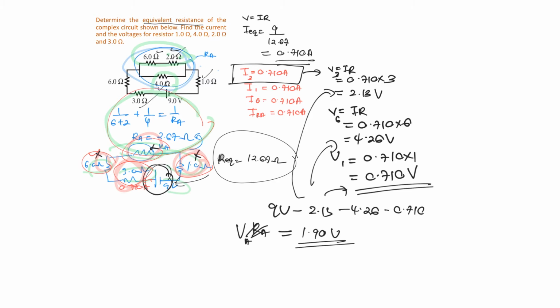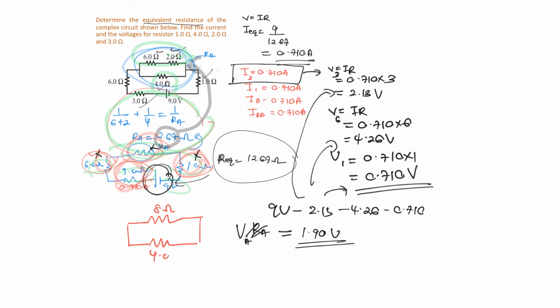So the 2.67 is the combination for the resistors 6, 2 and 4. You find first the current over there. If I focus only on this part, 6 plus 2 is 8. Like I mentioned before, you open it one by one. So I open it like this first.